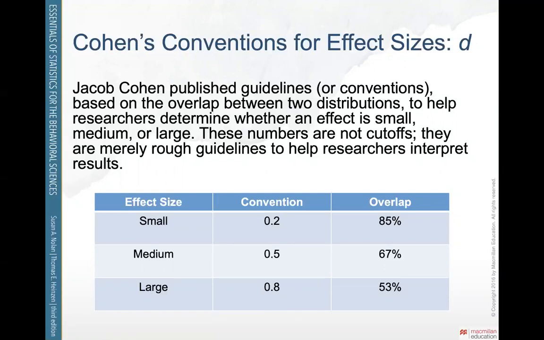This is because Cohen's d measures the degree of separation between these two means in population standard deviation units. A Cohen's d of 0.8 means that 8/10 of a standard deviation separates the two means.